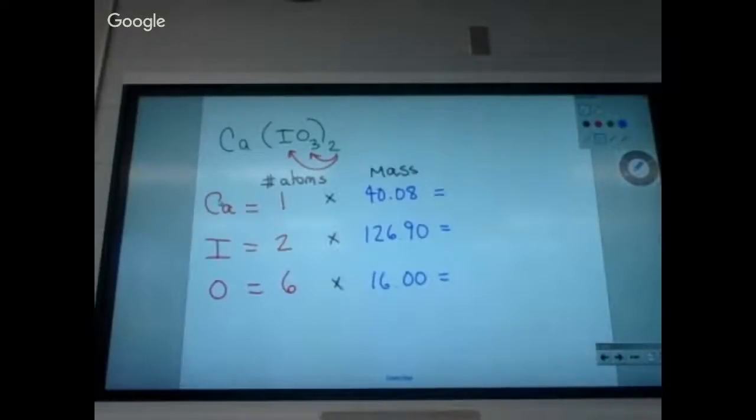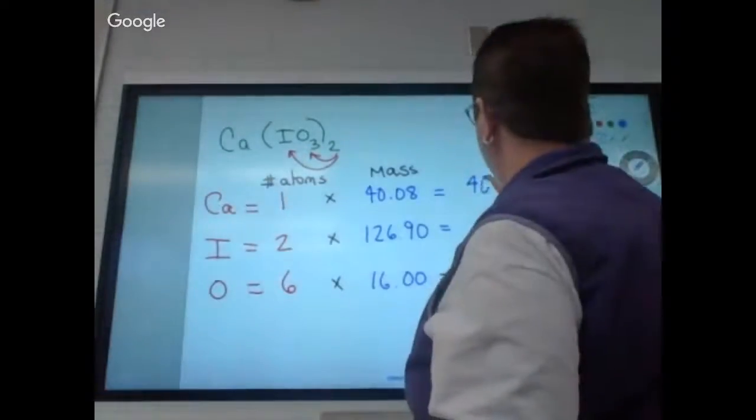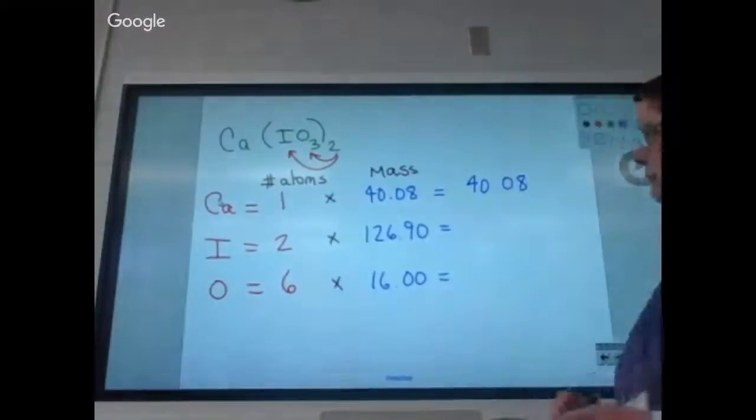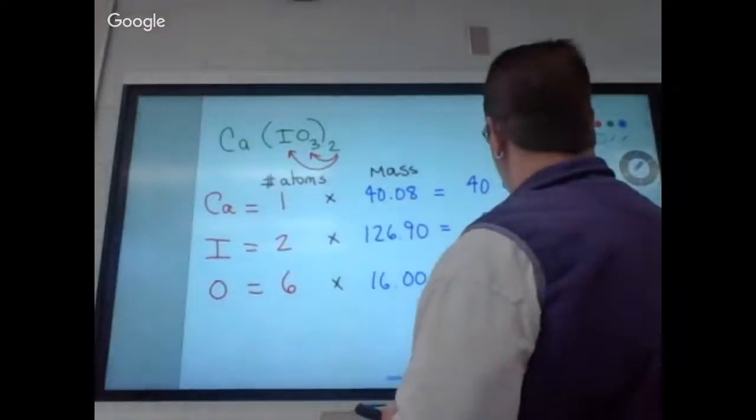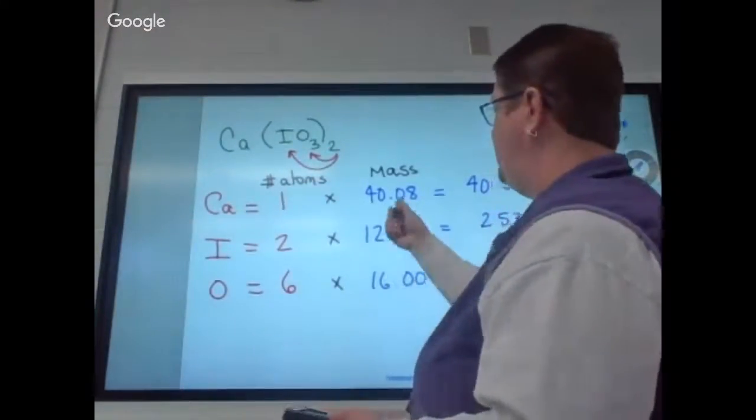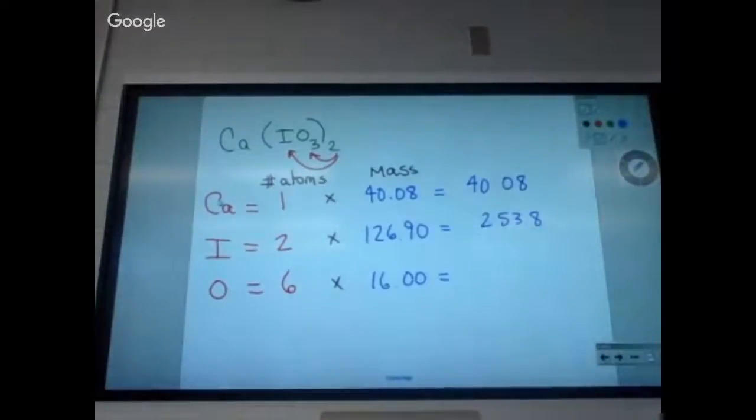You can't tell me electrons, because what's the mass of an electron? It's 0. It doesn't matter. Only the protons and neutrons have weight. The electrons have no mass. They're different masses because they have different protons and different neutrons.